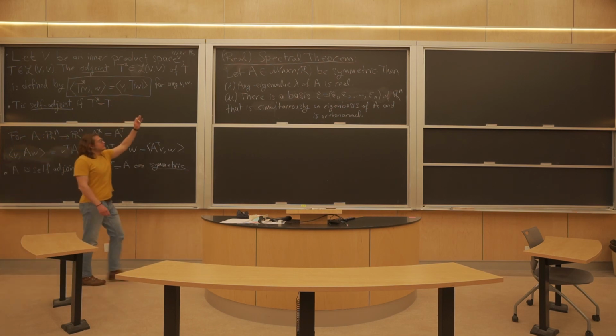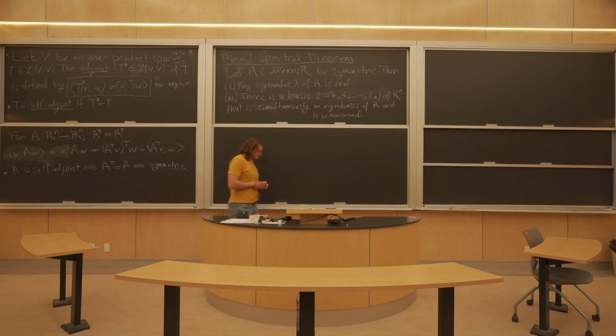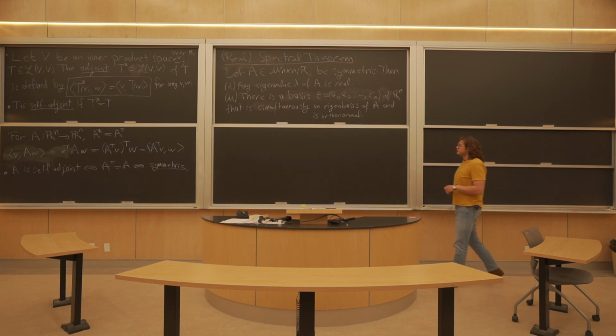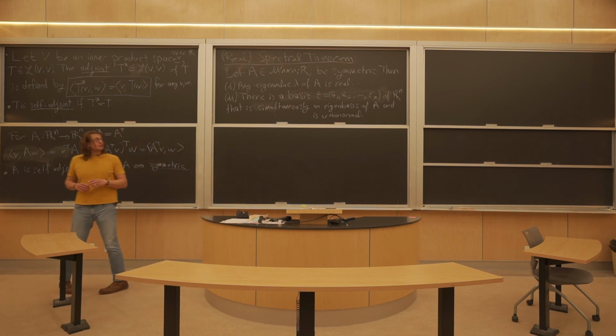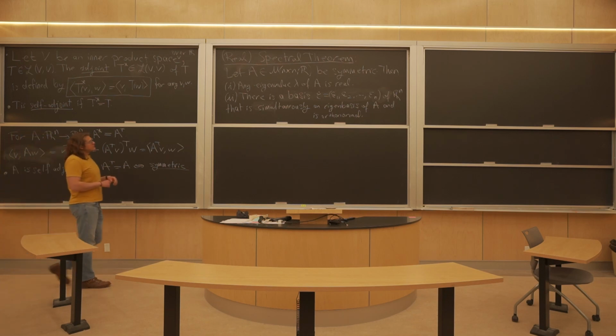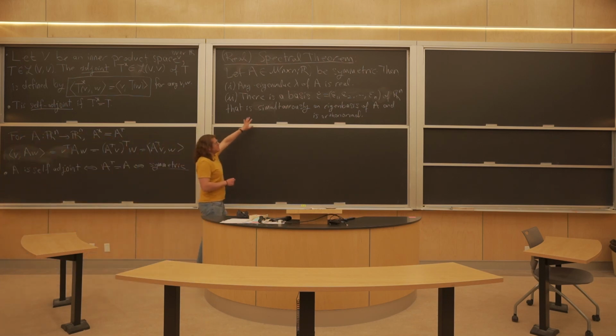Now the spectral theorem says something about the spectrum and the eigenvalues and eigenvectors of a symmetric or self-adjoint operator or transformation. It says, first of all, that any eigenvalue is going to be real. So no complex, no imaginary parts whatsoever. And furthermore, it says that there's a basis, epsilon, of Rn that is simultaneously an eigenbasis for A and is orthonormal.